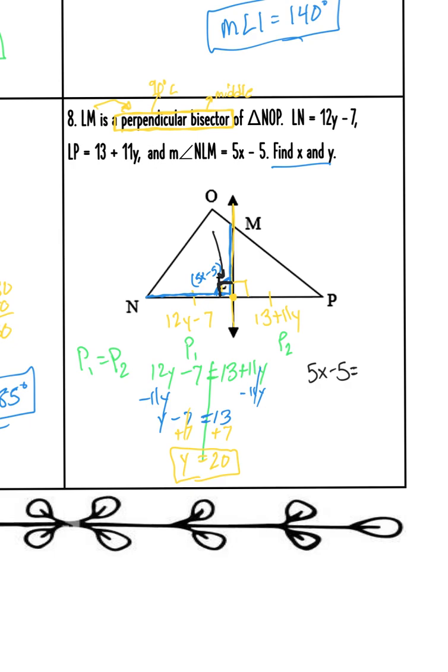So 5x minus 5 has to equal 90 degrees. There's our formula, so let's solve for x. Draw my line. We're going to add 5 first, so we get 5x equals 95. Then we divide both sides by 5, and we get x equals 19. And there it is. Come see us if you have any questions.